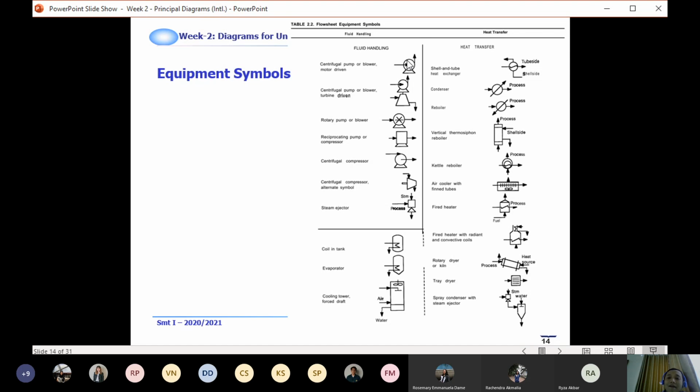Don't change the circle to a box. Just follow the already available and accepted symbol of the centrifugal pump. If you want to make it bigger, okay. If you want to make it smaller, okay.